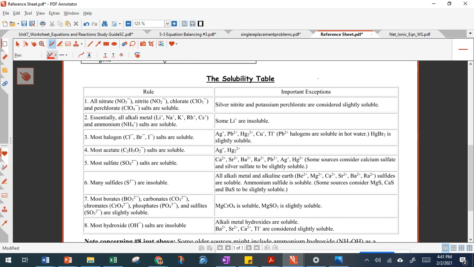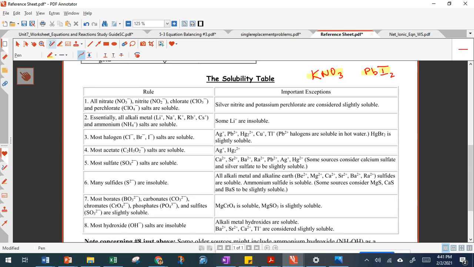Okay, so our two products, if you remember, are potassium nitrate and lead 2 iodide. When you're doing this, I want you to examine, in this case, a cation and an anion, and a cation and anion.